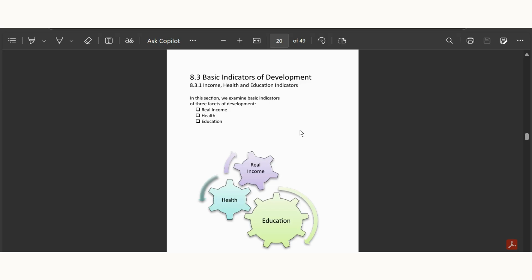I will explain its definition, its origin, and how it is calculated, and why it is essential in comparing development across countries. Understanding these indicators helps us see development beyond just financial figures. It shows how people actually live and thrive. So let's dive in.